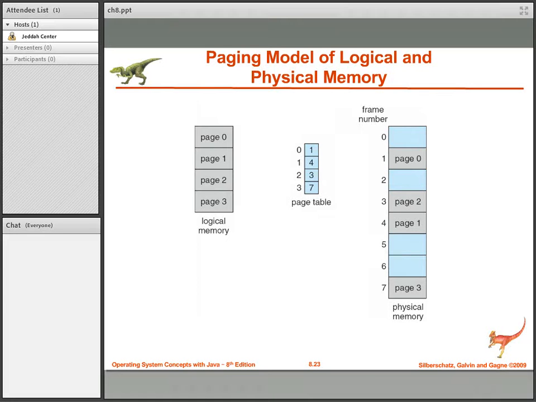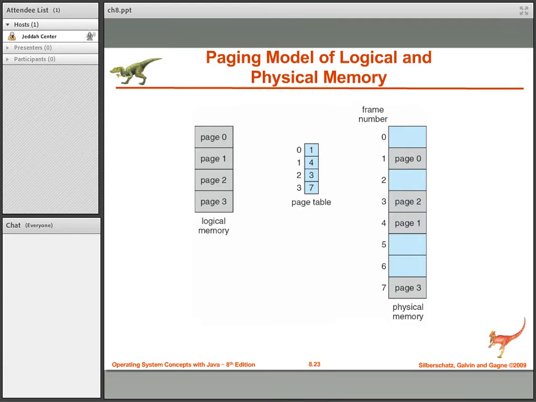This is a model of the logical and the physical memory paging. On the left, we have the logical memory that is generated. On the right, we have the physical main memory locations. The physical main memory locations have frame numbers, and the logical memory locations have page numbers.